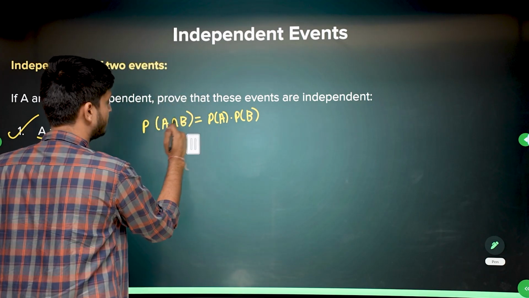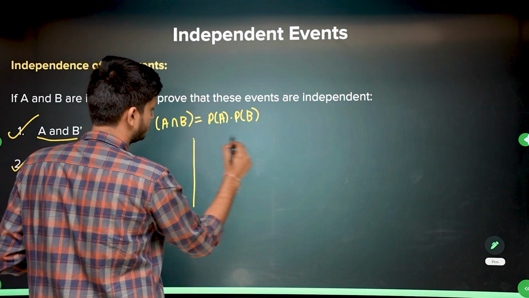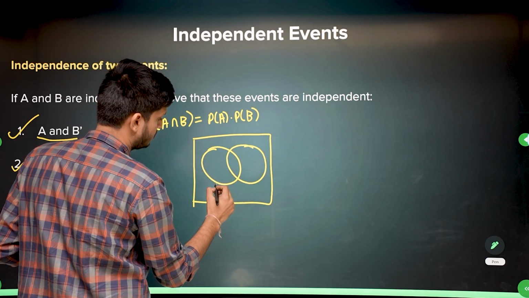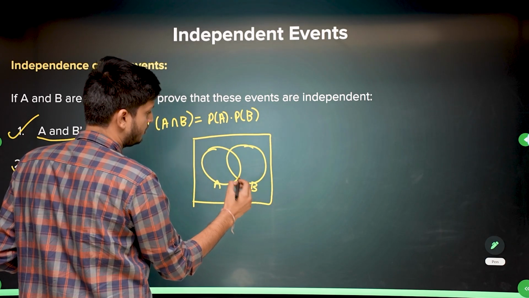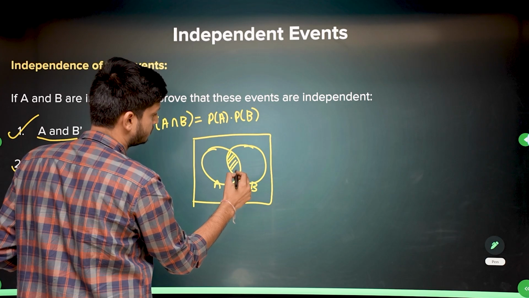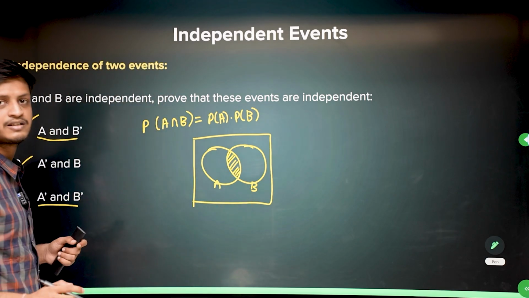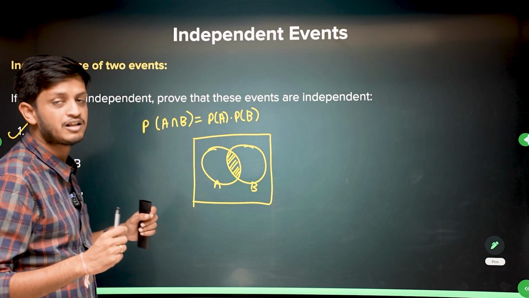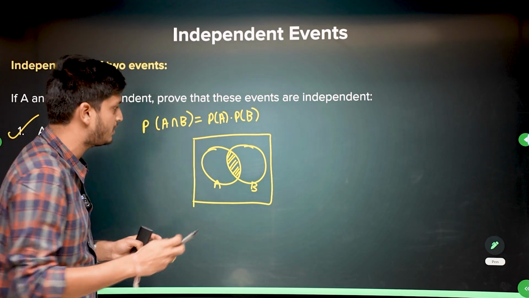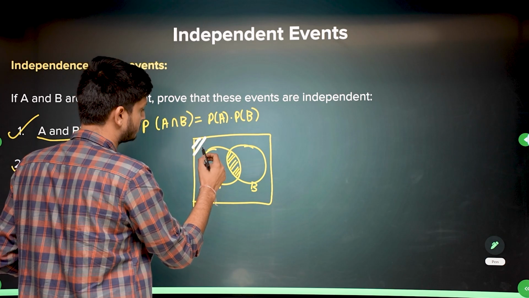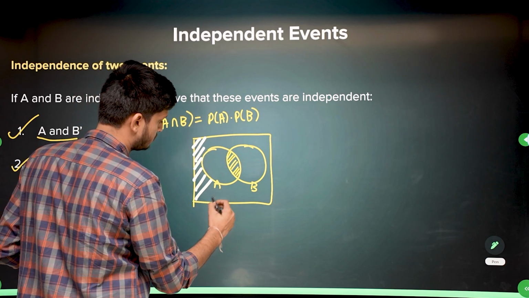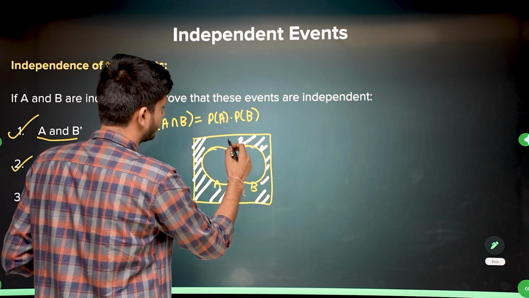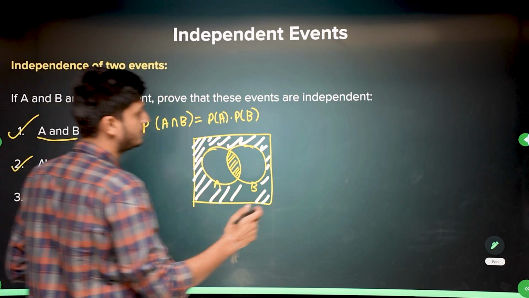So here the Venn diagram looks like this. A, B. You are given this area, but you are interested in some other area. You are interested in A complement and B complement, which means the elements which are not in A and are not in B, which means this area. So how will you get this?